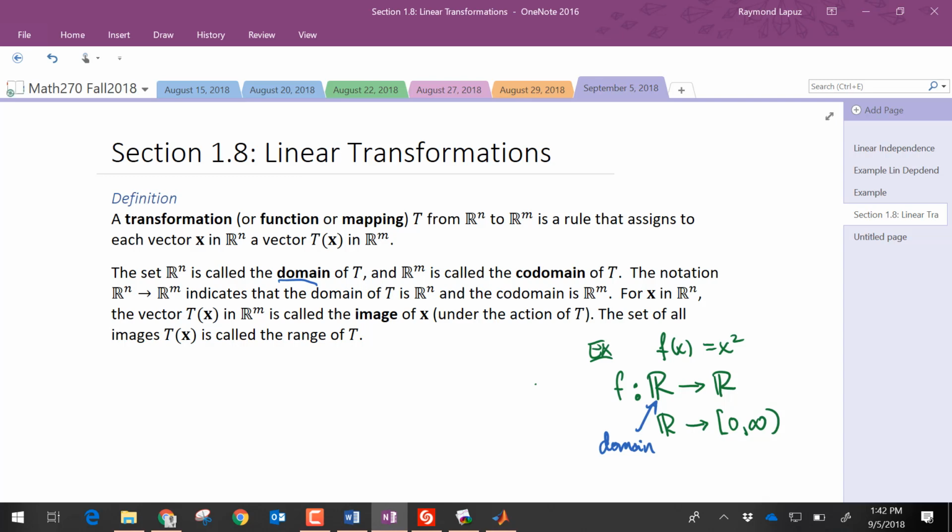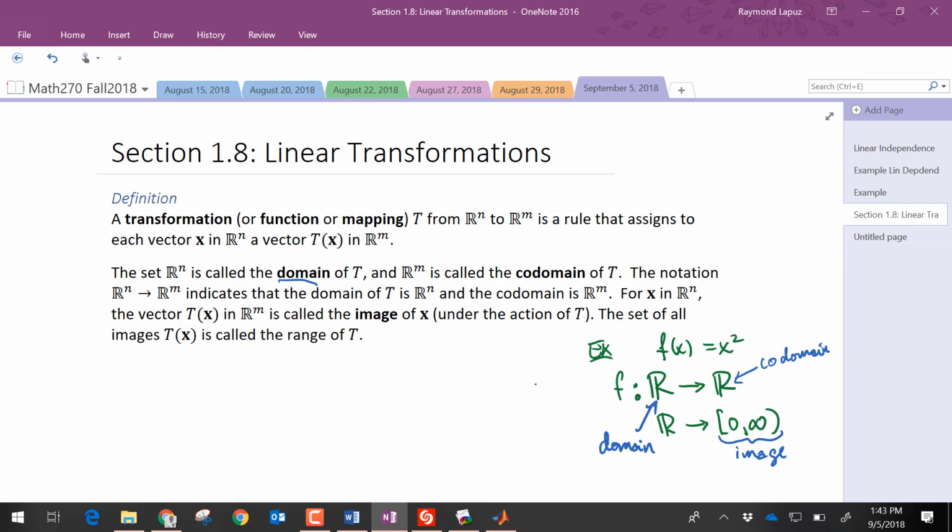Our codomain is the set of all possible outcomes, the place where all those possible outcomes live, whatever that means. And our image is all the possible outputs that come out.